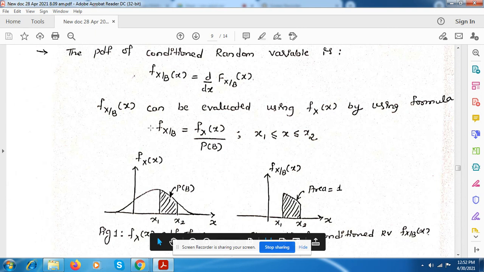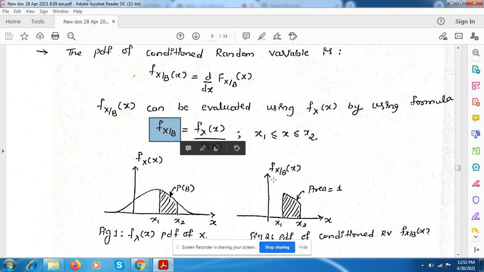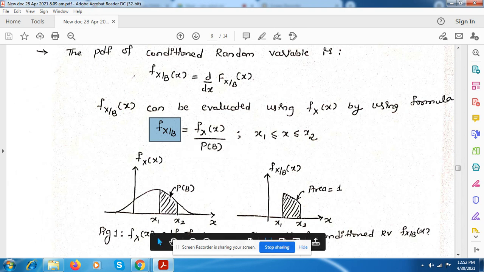So if you want to know the conditioned PDF, that is f_X|B(x), this is the graph. That is, in between the values x1 and x2 only this conditioned PDF exists, because in this, after dividing by the probability of B, we have only this value, which lies between x1 and x2.